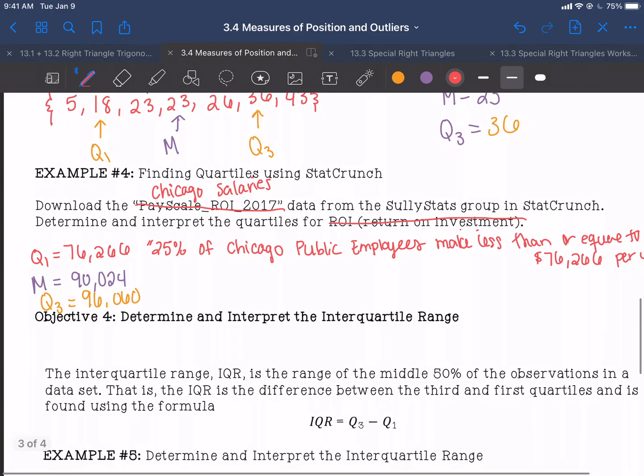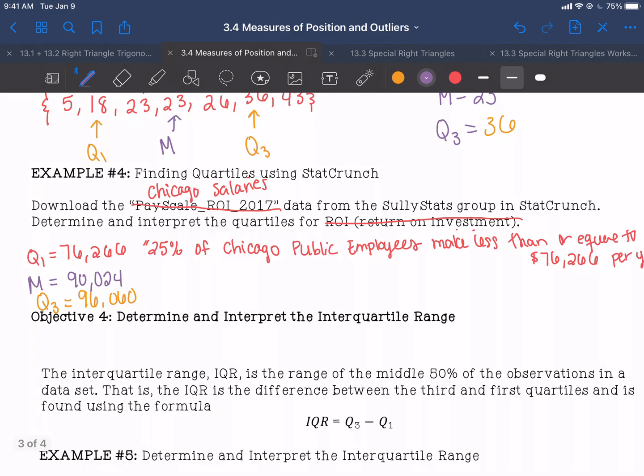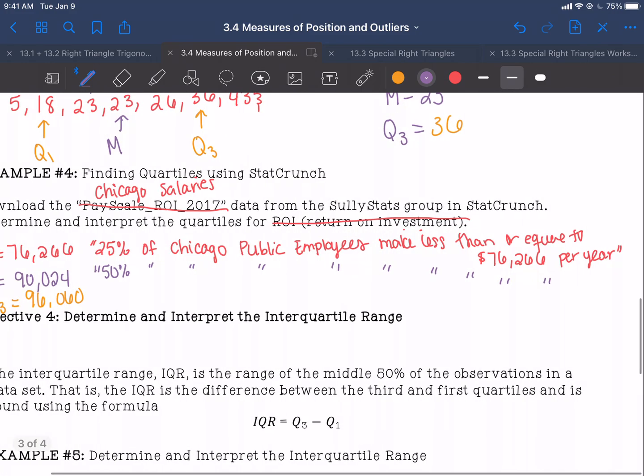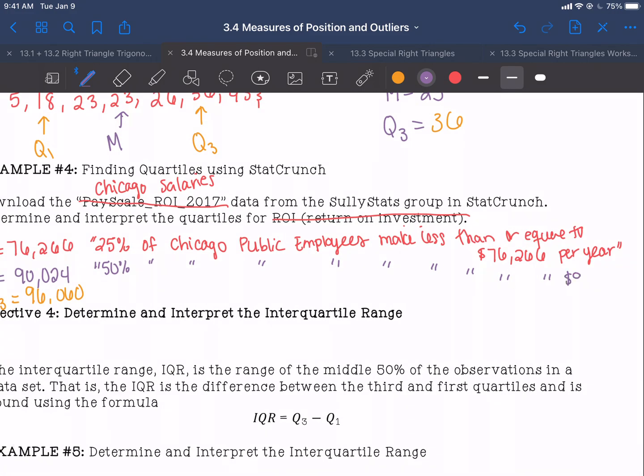All right. So the median would mean that 50% of Chicago public employees make less than or equal to $90,024 per year.